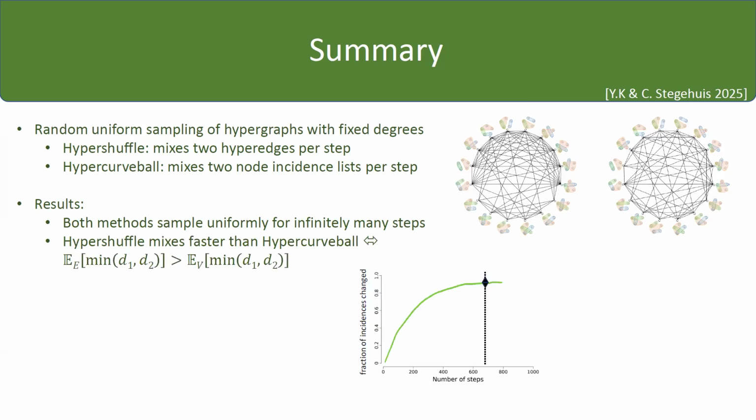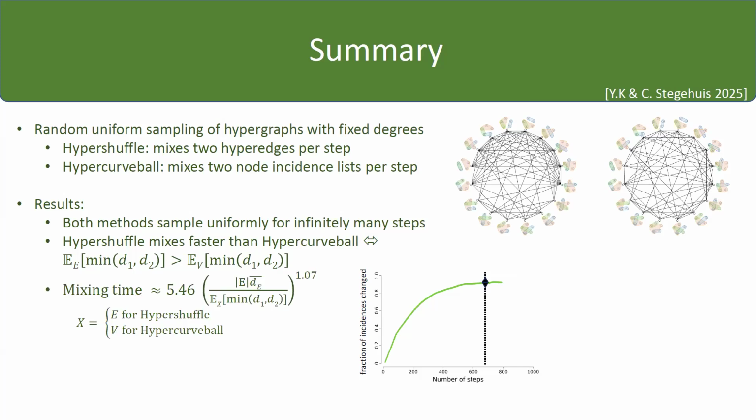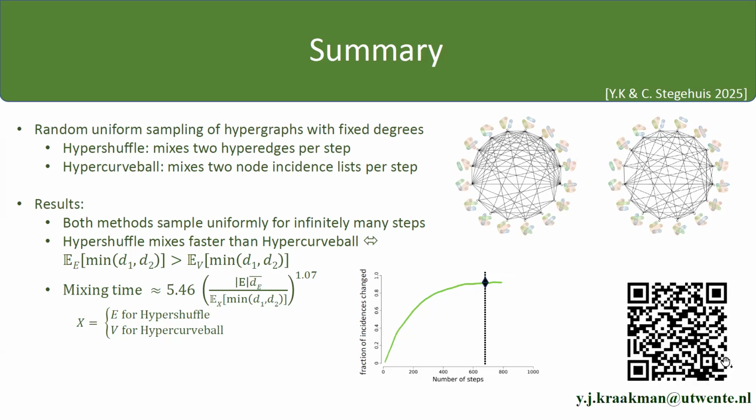And we have some experimental results showing which one is the fastest algorithm, depending on your degree sequence. We could also give you some estimation of the mixing time for the specific algorithm. Yes, this is the work that it's based on, and I'd be happy to collaborate if you have some cool ideas for future research. All right, that's it. Thank you.